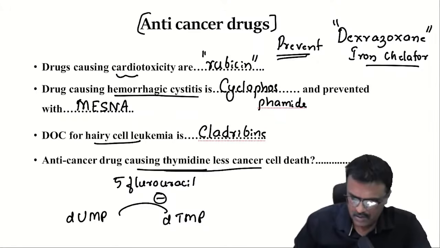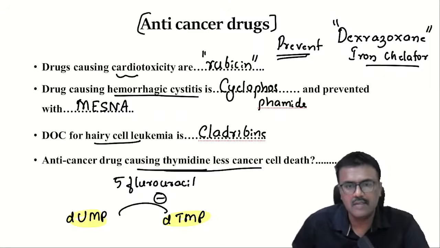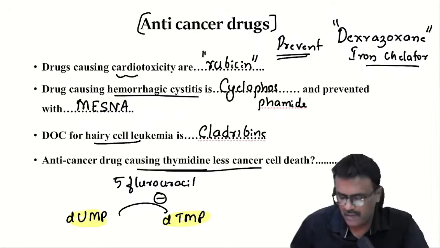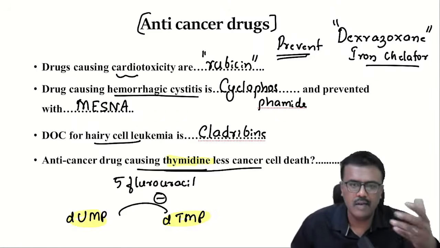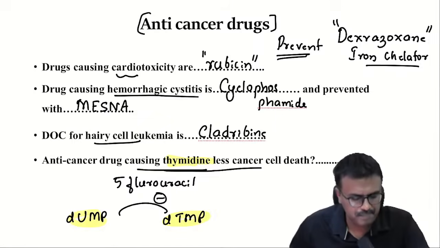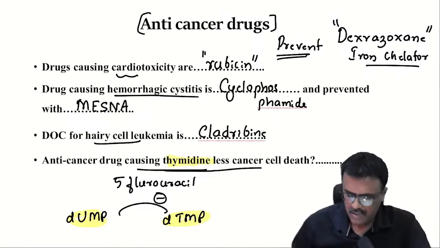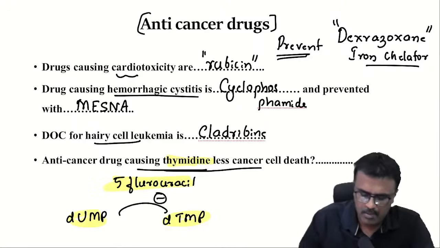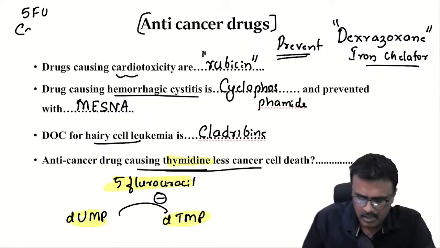So if you inhibit this, the thymidine will not get synthesized. And then without thymidine, the DNA cannot be formed and the cells will not be able to multiply. The name is 5-fluorouracil. Remember 5-fluorouracil and a drug called capecitabine.